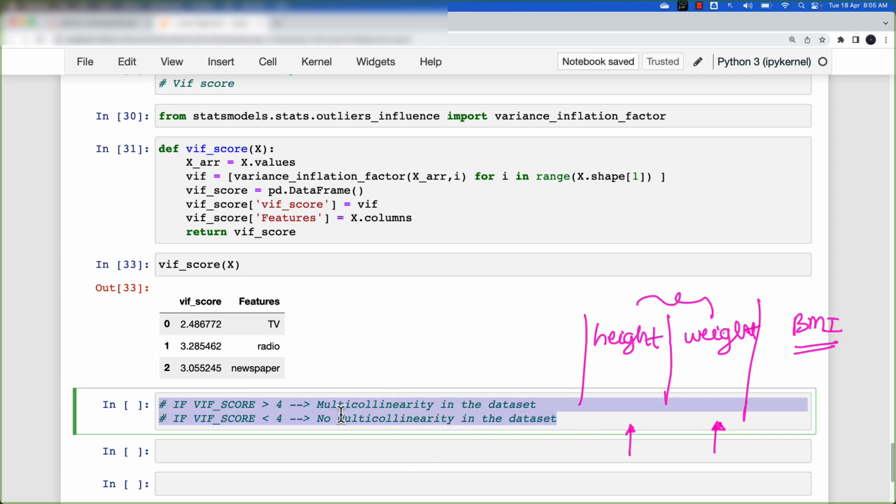It is not zero multicollinearity, but if it is less than 4, I would say it is negligible or moderate. When we have multicollinearity in a data set, we drop the column which has the highest VIF score, and we repeat the process of evaluating the VIF score.